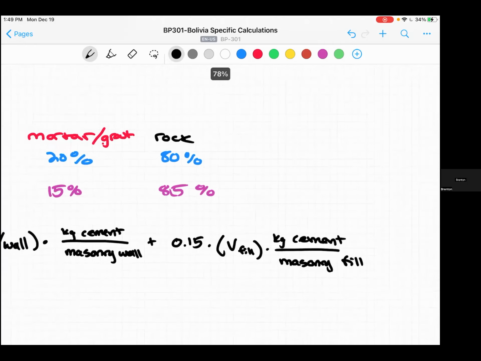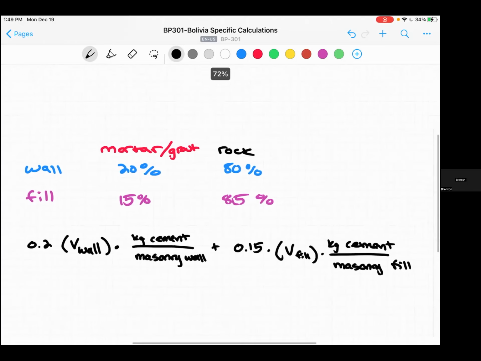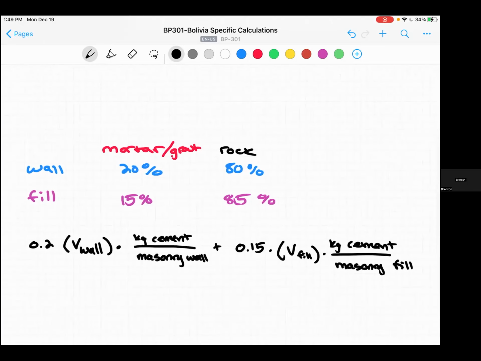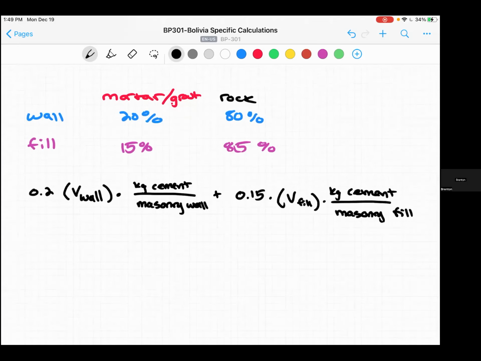Now we can do a dimensional analysis there to make sure we're doing everything right, but that is the general form of the equation. But now the equation should look like this because we are changing those values.